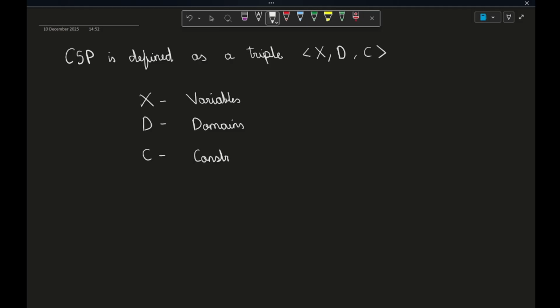Correct. Constraints, or in mathematical terms, we can just say relations.